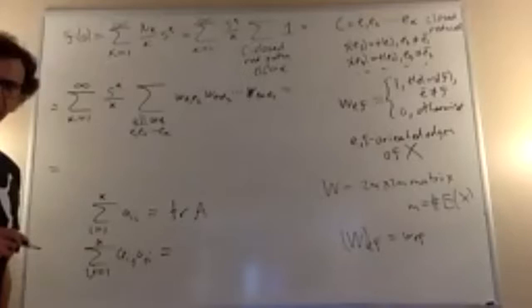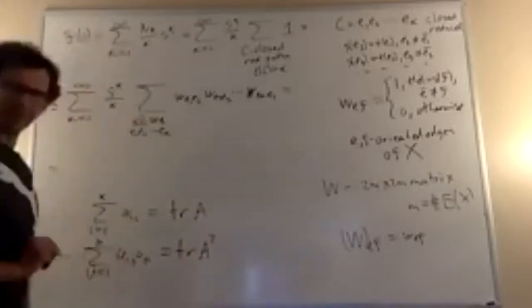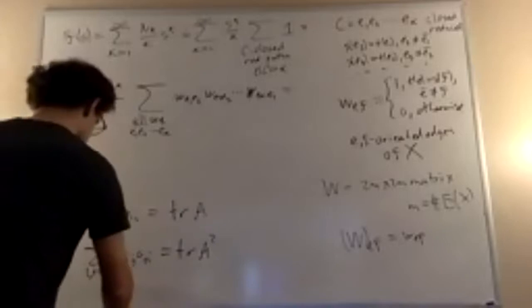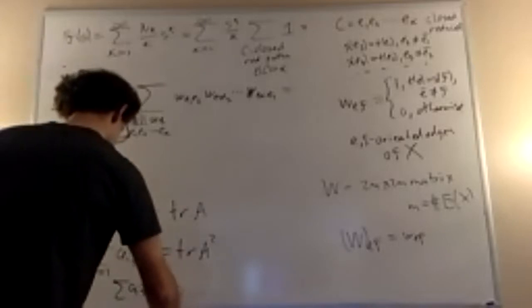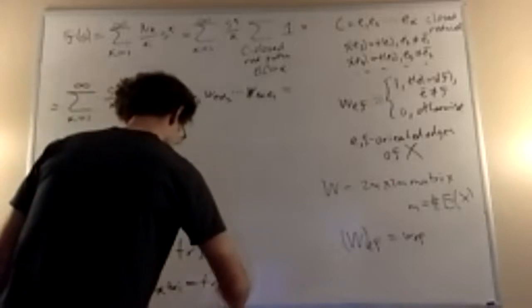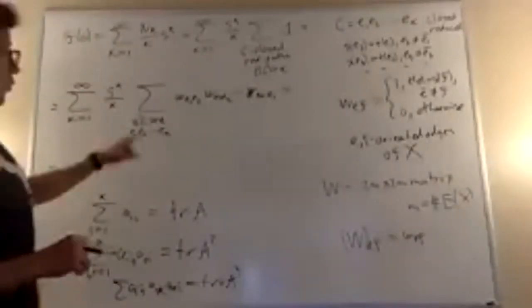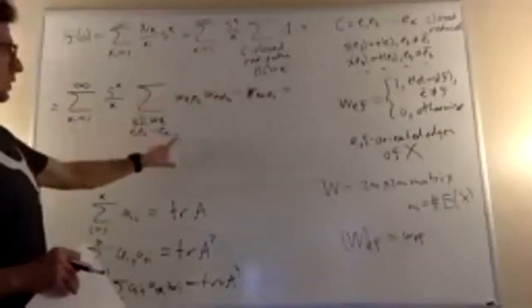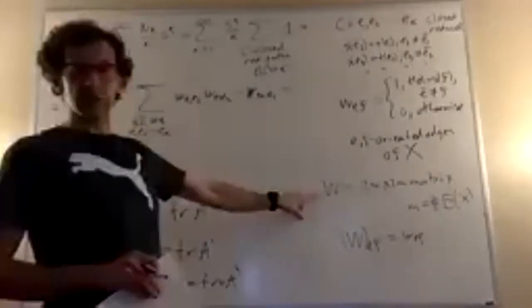What's that going to be? Exercise: this is the trace of A squared. And if you take the sum a_ij a_jk a_ki, you get the trace of A cubed, and so on. So this humongous looking sum is actually nothing else than the trace of the kth power of W.